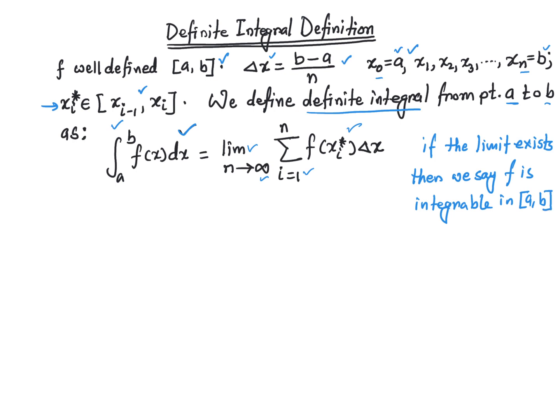If the limit doesn't exist, of course it's not integrable. So now let me go ahead and label some of the things. f of x, this here, is called the integrand.